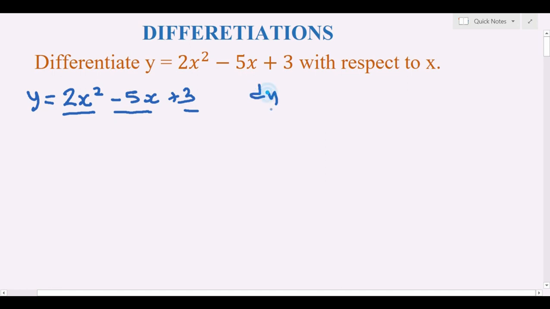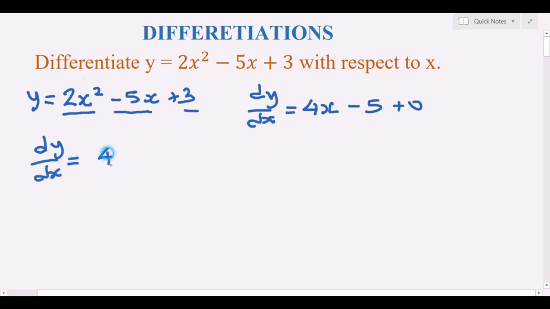So our dy/dx is equal to, using the notation, 2x squared will become 4x, minus 5x will become minus 5, and 3 will become 0. So our differentiation dy/dx is equal to 4x minus 5.